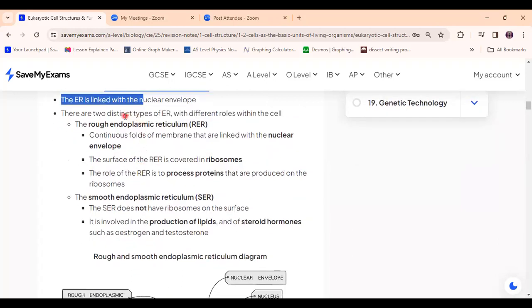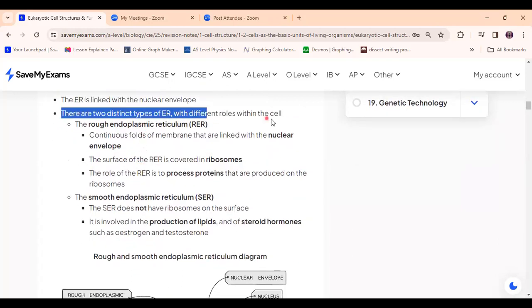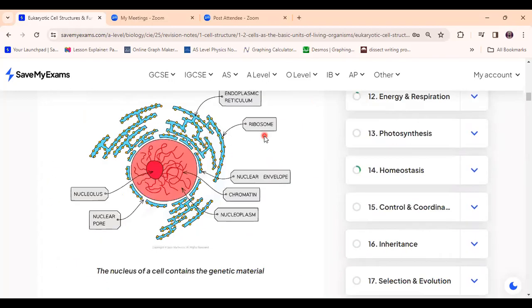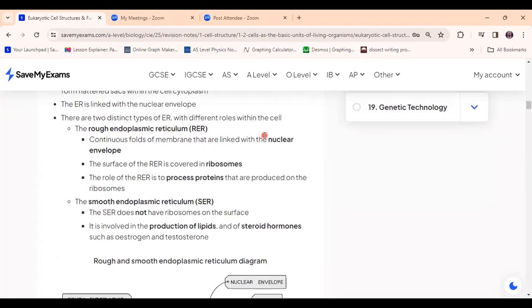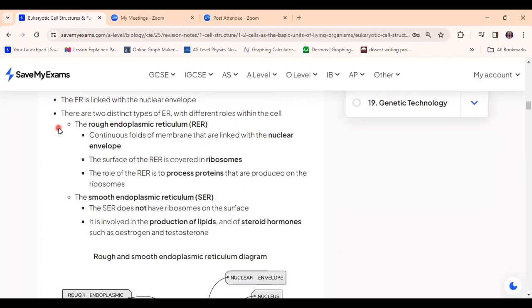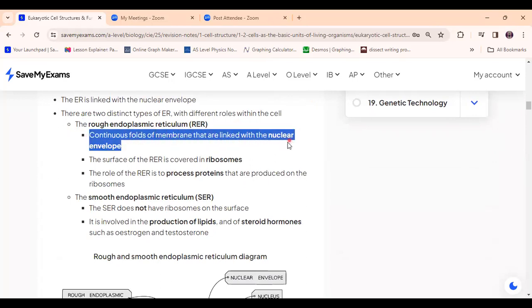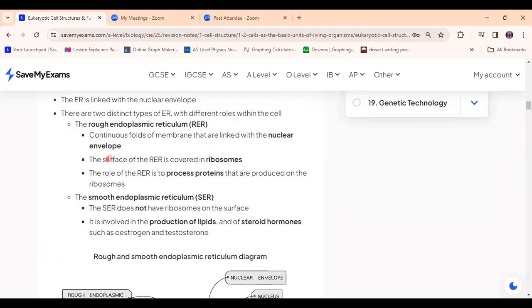And there are two distinct types of ER with different roles within the cells. Understanding of their roles is crucial. So the rough endoplasmic reticulum, the RER, is made of continuous folds of the membrane that are linked with the nuclear envelope. The surface of the ER is covered in ribosomes.